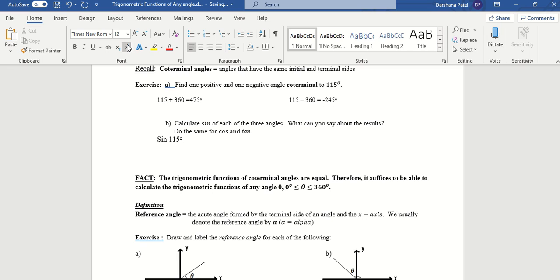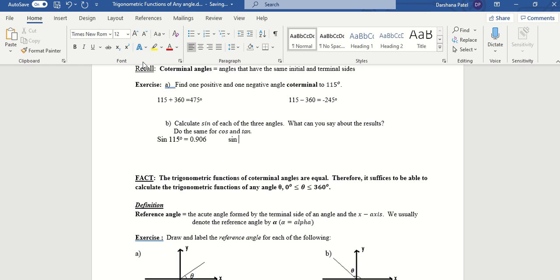If we round to 3 decimal places, the number we get here is 0.906.